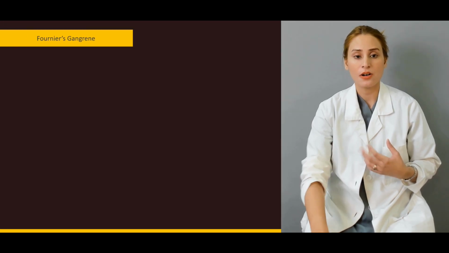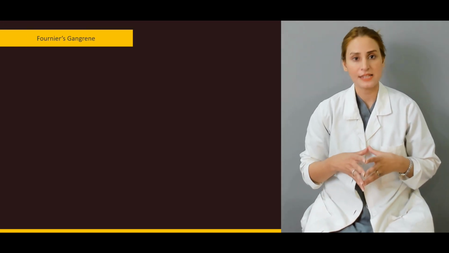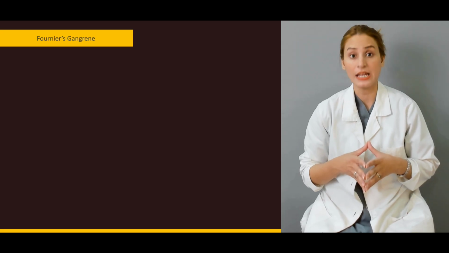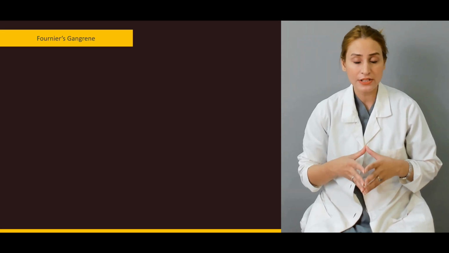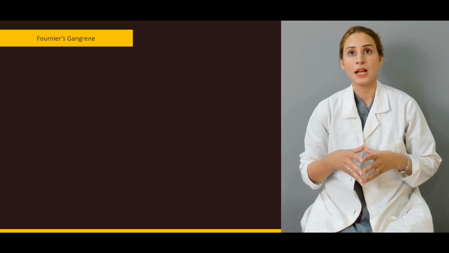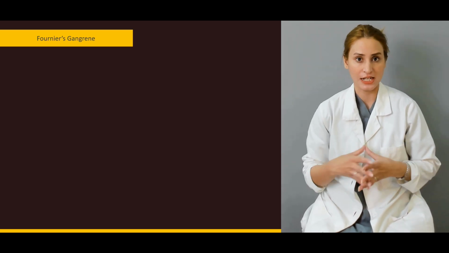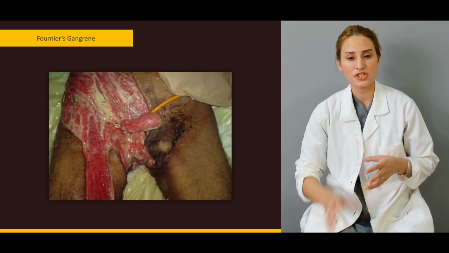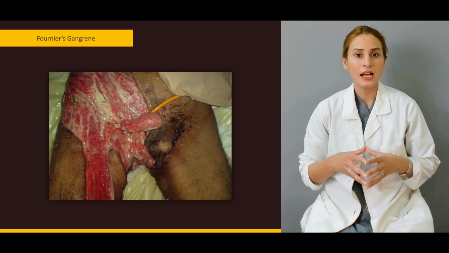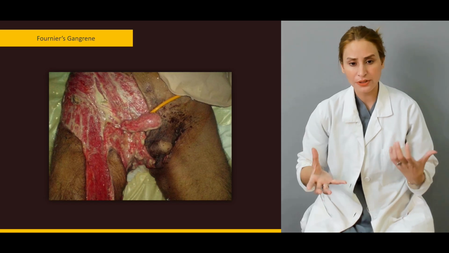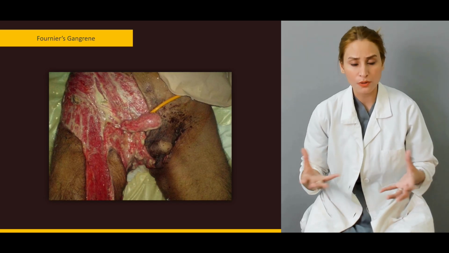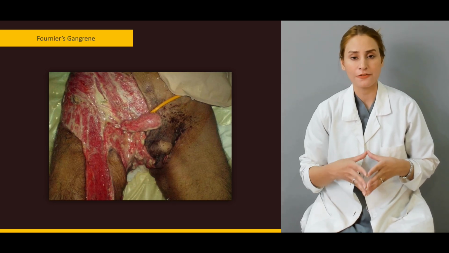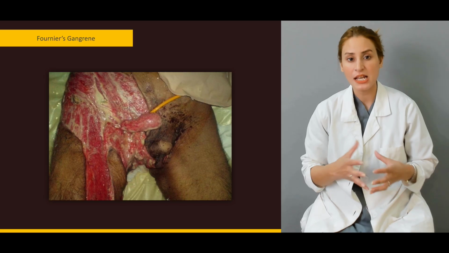course. So the first thing we're going to discuss today is Fournier's gangrene. Fournier gangrene is a kind of necrotizing fasciitis, and if you look at the picture, there's typical excoriation of the skin, and the whole necrotic area is being sloughed off with a collection of pus.